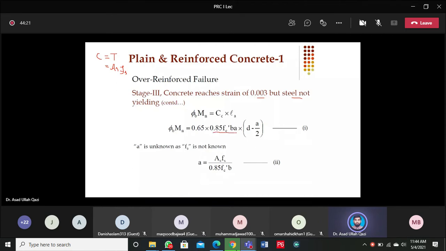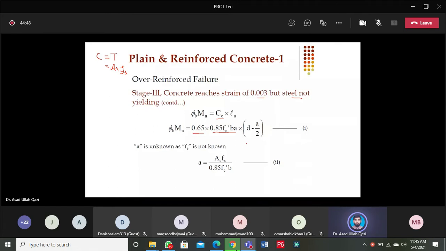So for over reinforced behavior, I am selecting C into lever arm along with the phi 0.65, and I am getting again the equation of internal resistance Cc into lever arm.